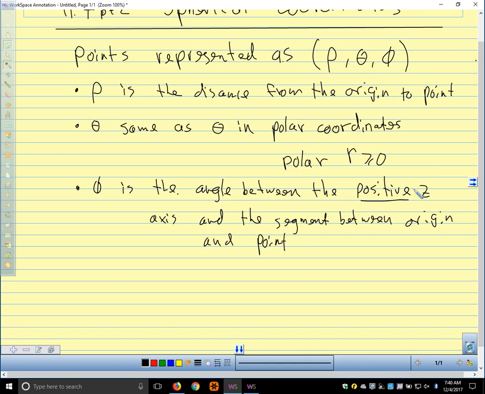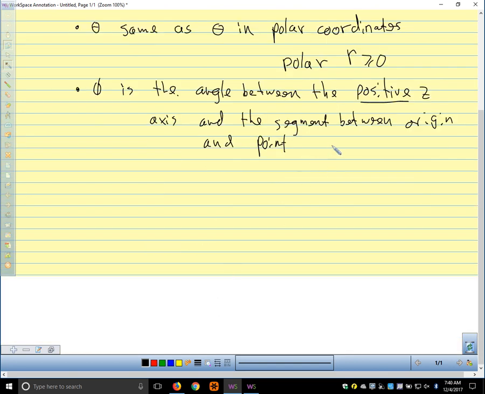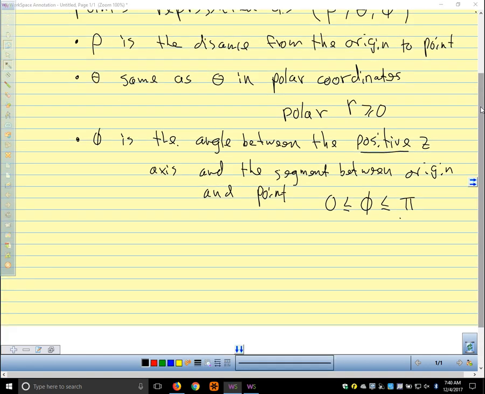And in spherical coordinates, our phi is going to vary between 0 and pi. So we're going to let theta go from 0 to 2 pi, but phi is just going to go from 0 to pi. And I will get the entire sphere.